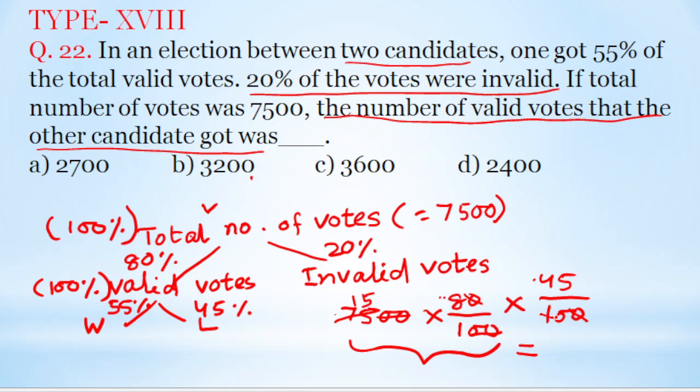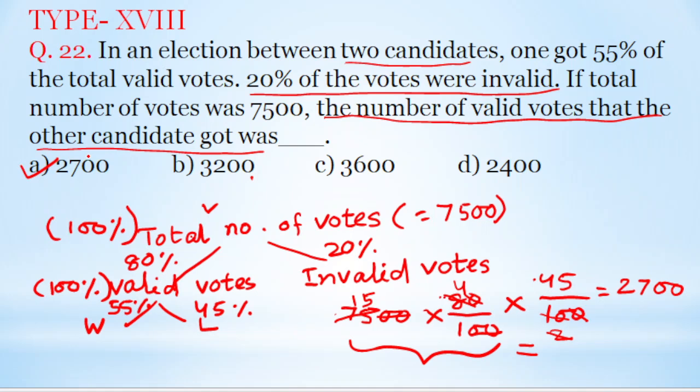When 10 is divided by 5, it becomes 2. Again, when this 8 is divided by this 2, it becomes 4. So 15 into 4 into 45 is equal to 2,700. That means option A is the right answer.